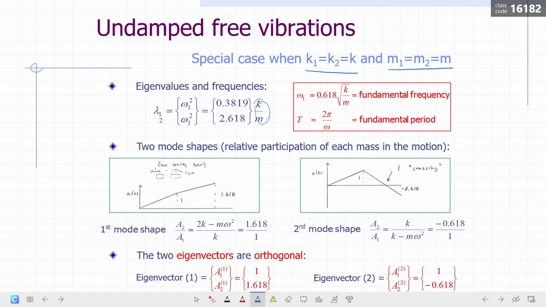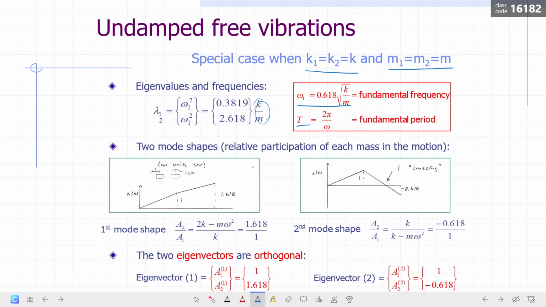Now we only have parameters k and m. Then frequency can be found like this, period like this, okay? And then we can look at the mode shape of vibration. There are two mode shapes because we got two eigenvalues, okay?